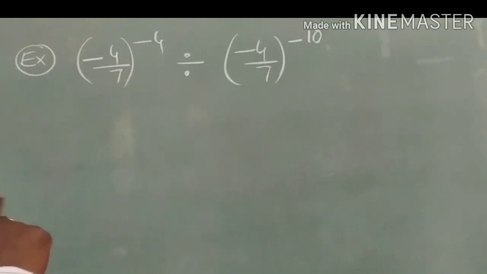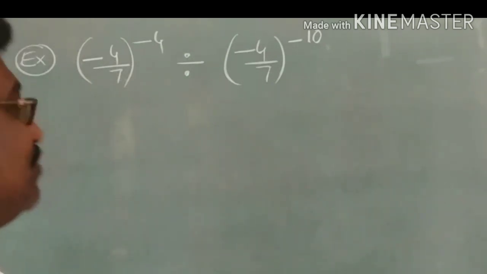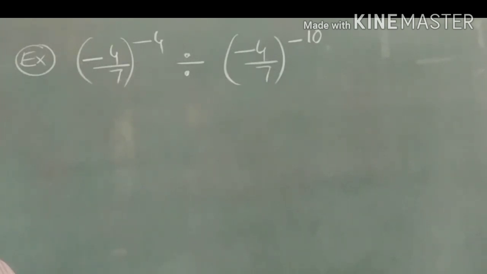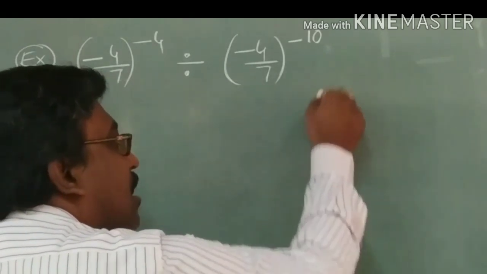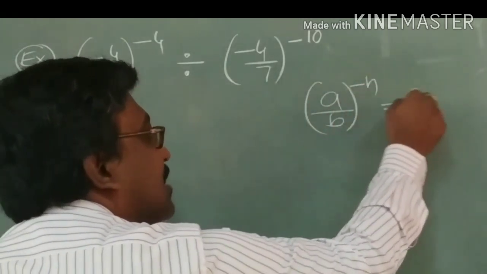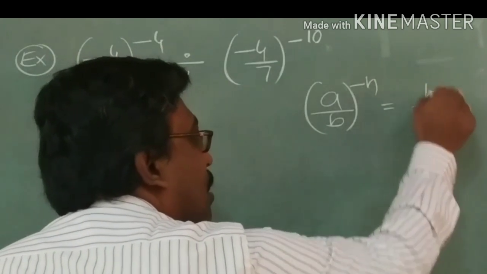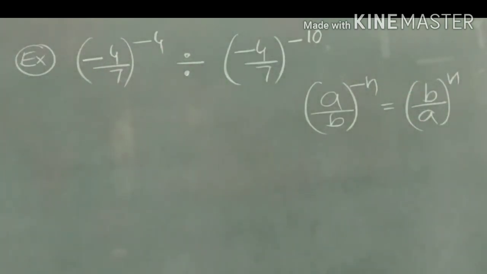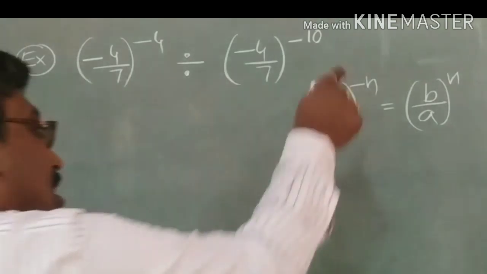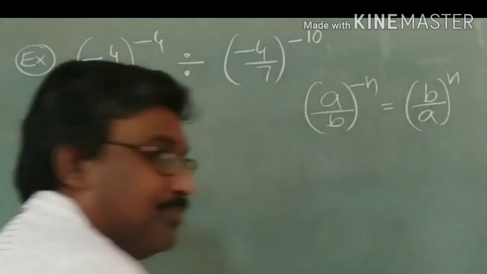Now, in this example, you can see more number of minus signs, right? Don't worry. We have a formula that a by b whole to the power of minus n is equal to b by a whole to the power n. So you have a formula to convert minus into positive.